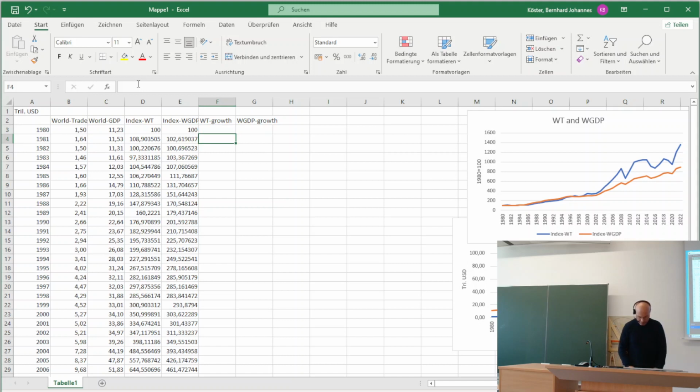And how to calculate growth is just the value in 1981 over the value in 1980 minus 1. And of course, it doesn't matter if you use the nominal values in US dollar or if you use the index, because index was just only manipulated in the relative way.